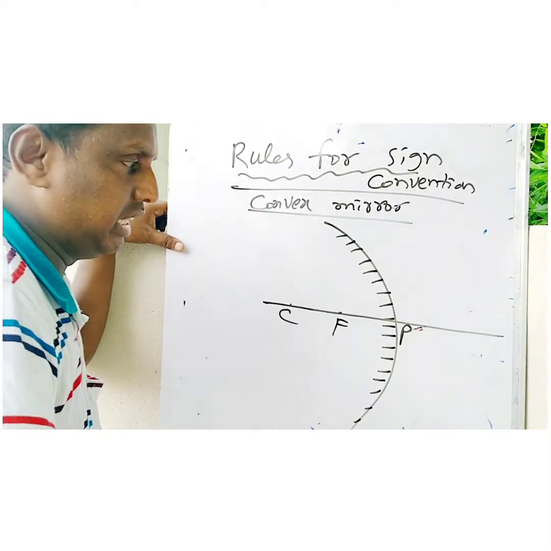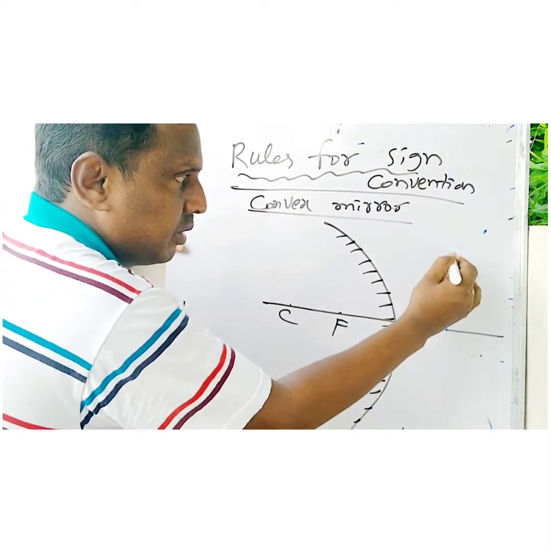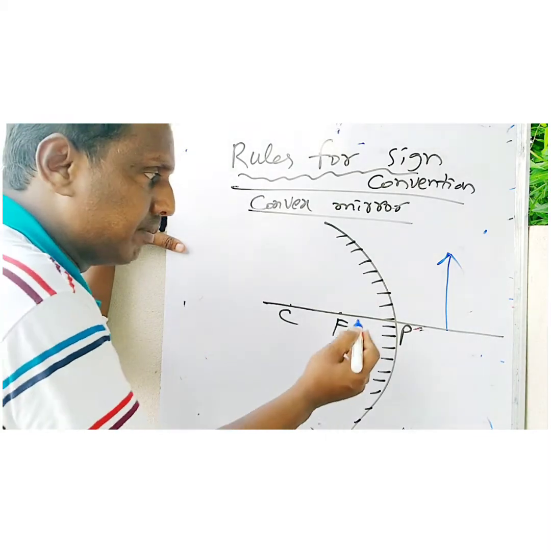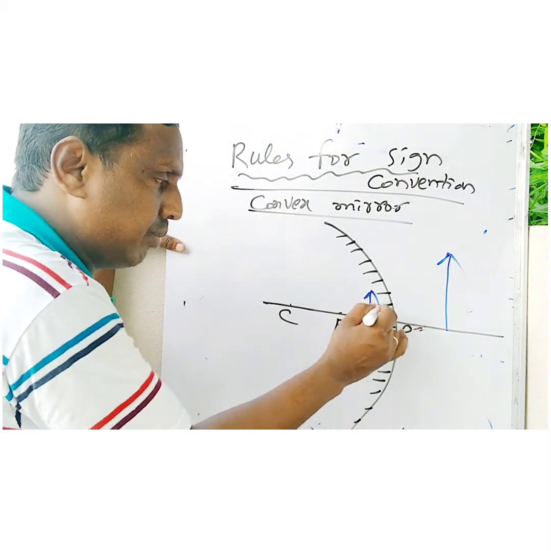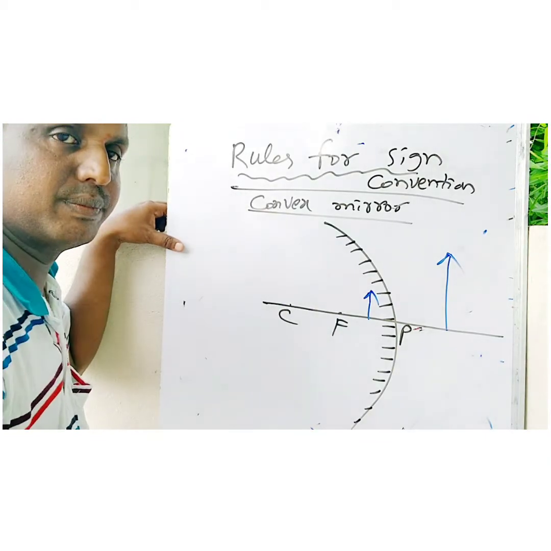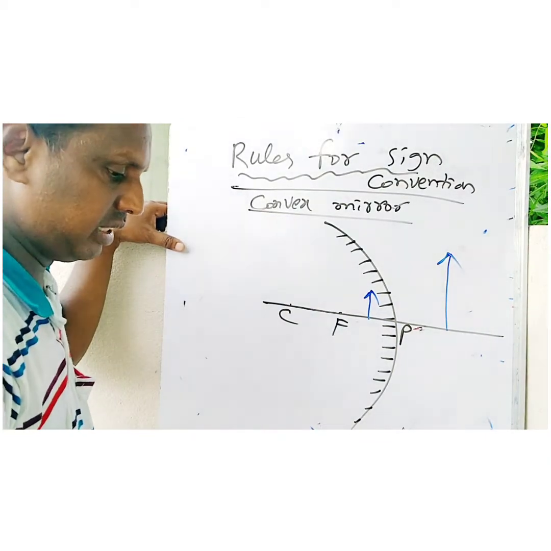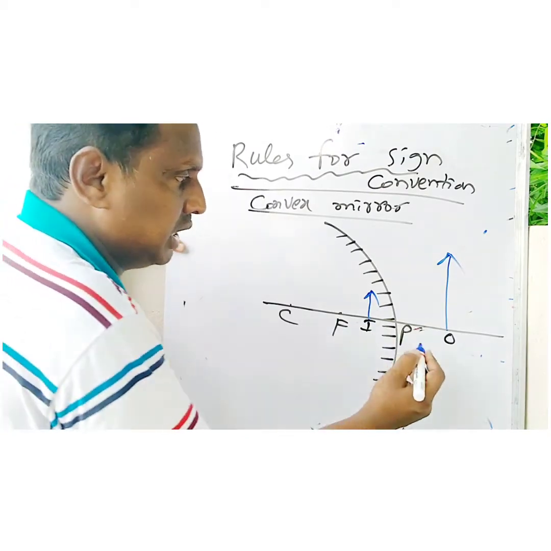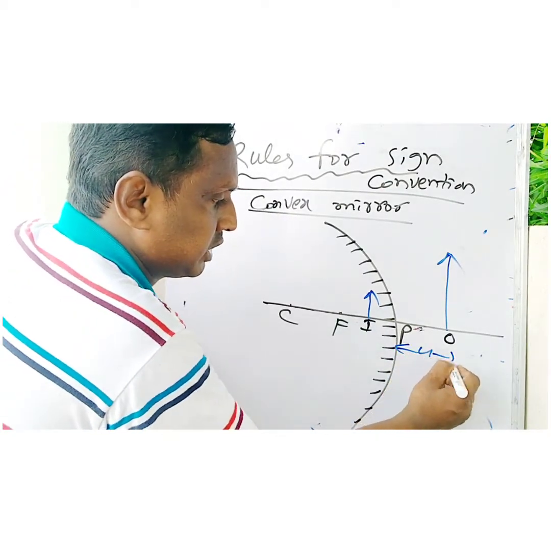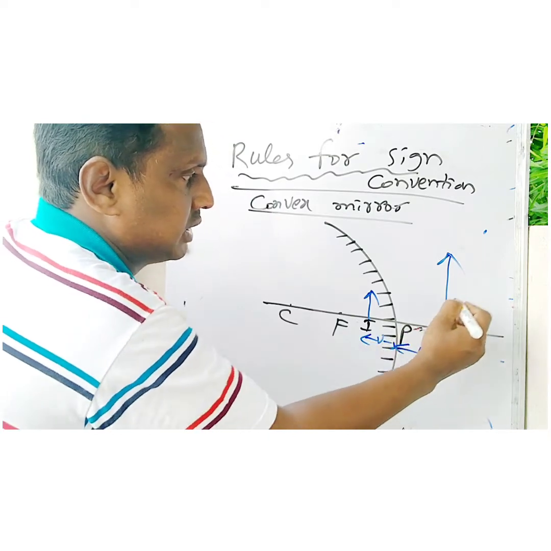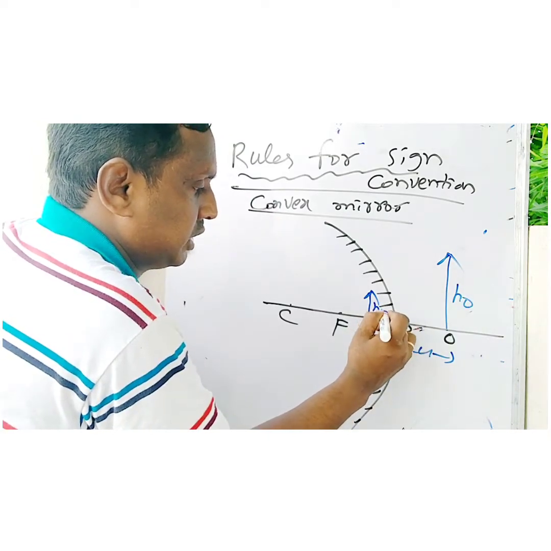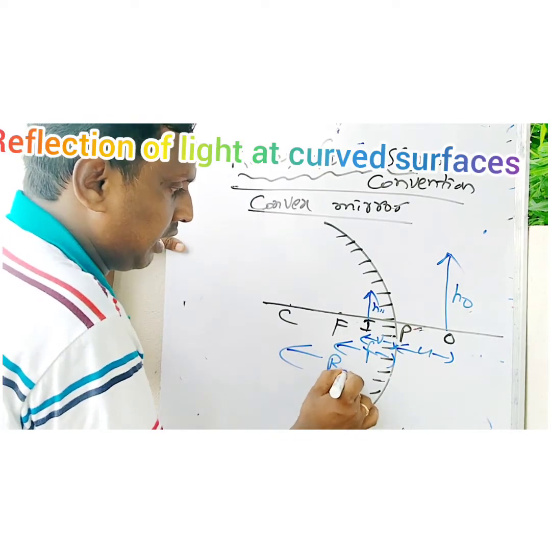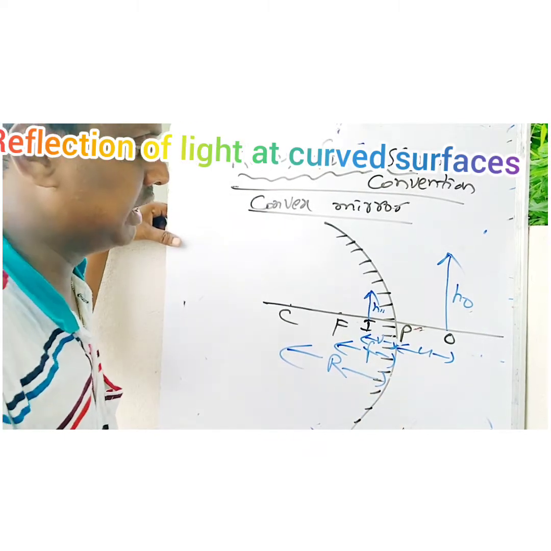You take the object anywhere on the principal axis, at any point, then you get the image compulsorily between pole and focus. That is the condition. Now see here. This is O, the object, I, the image. This is U, the object distance. This is V, the image distance. HO, HI. This is the focal length, and this is capital R. Everything is here now.